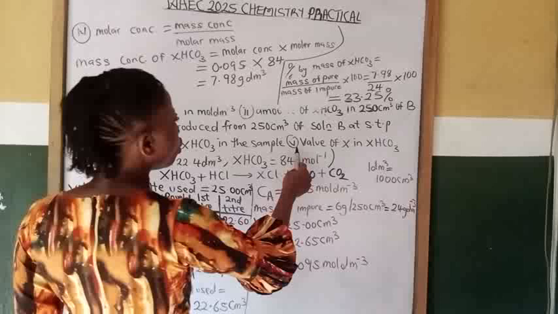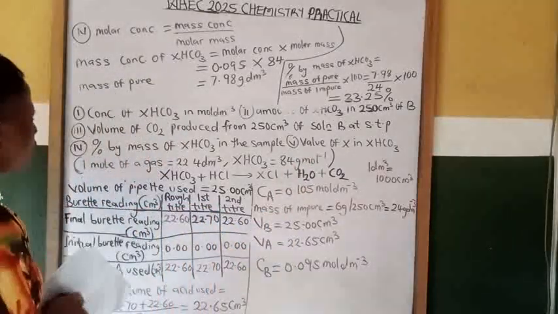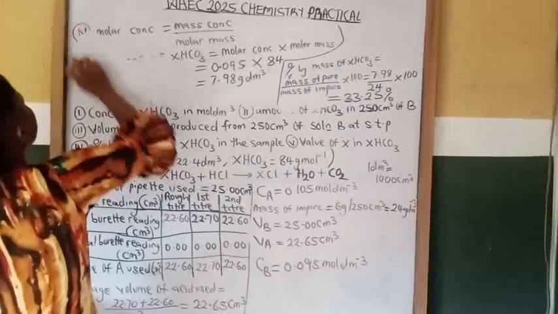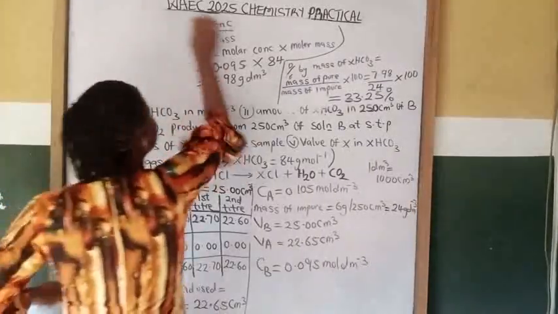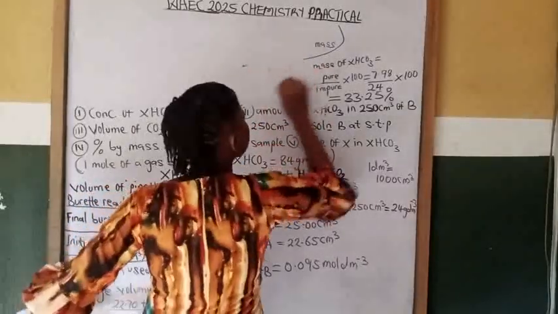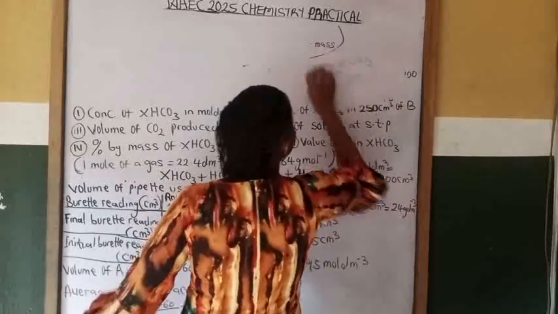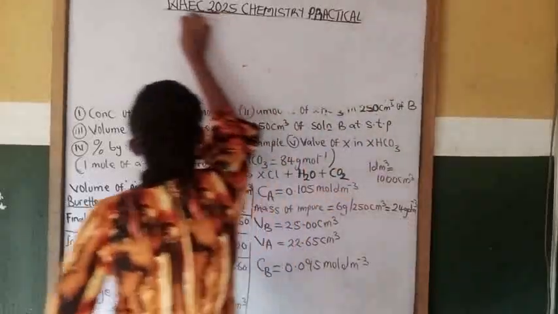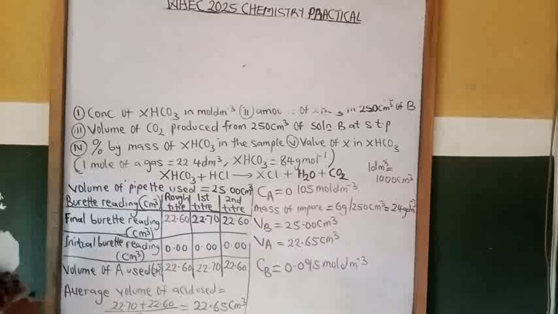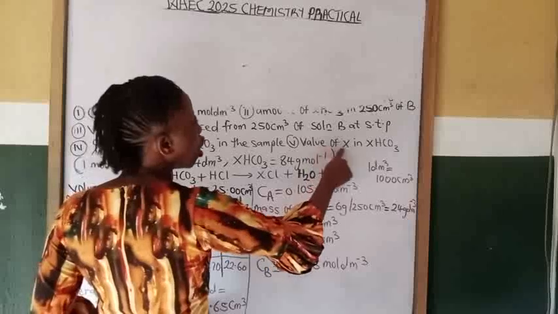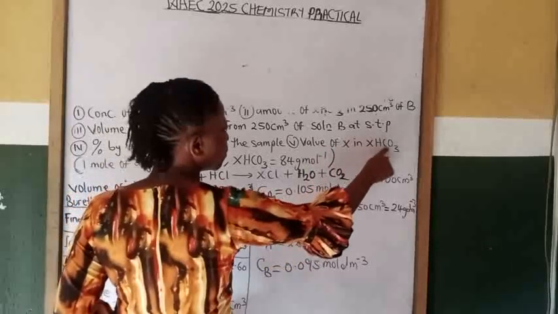So let's move to Roman figure 5. Roman figure 5 says calculate the value of X in XHCO3.